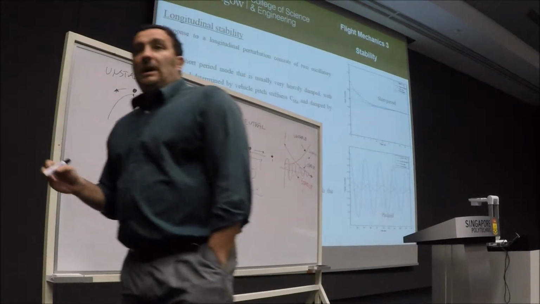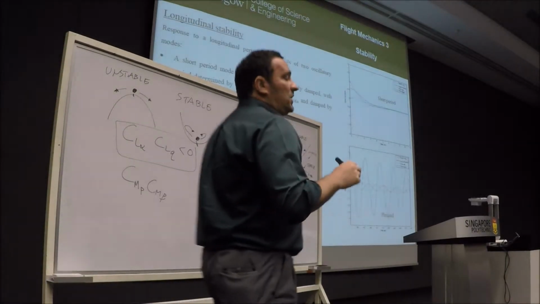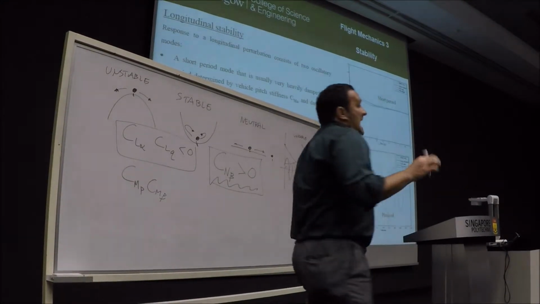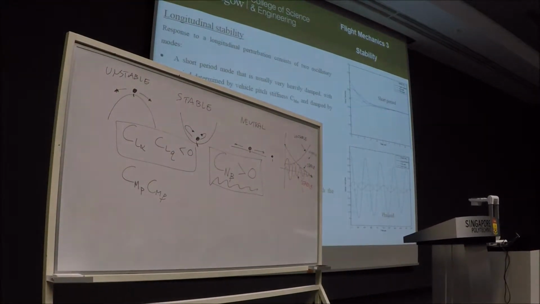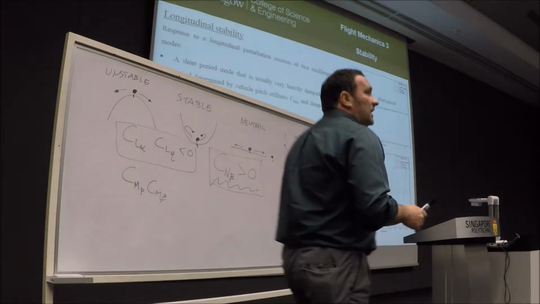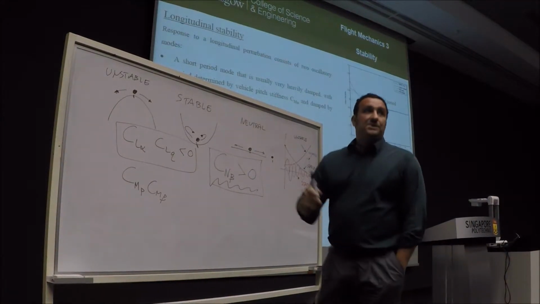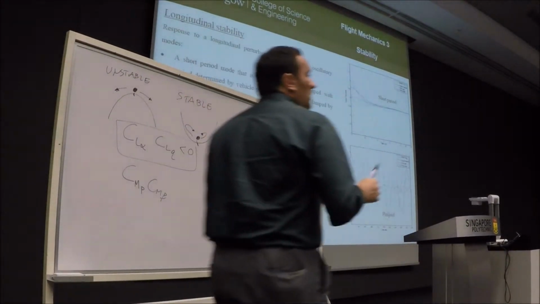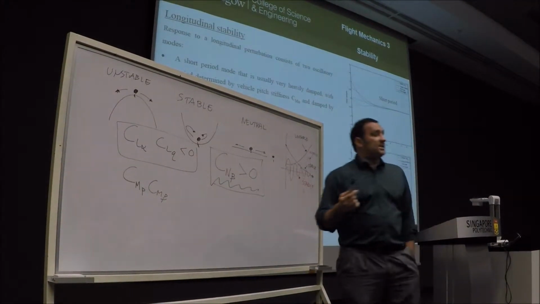And then we have lateral and directional modes for disturbances in yaw and roll. How the aircraft responds to a perturbation, which can be a gust, a change in the velocity of the air, change in pressure, and so on, will determine what type of response the aircraft has to the perturbation.